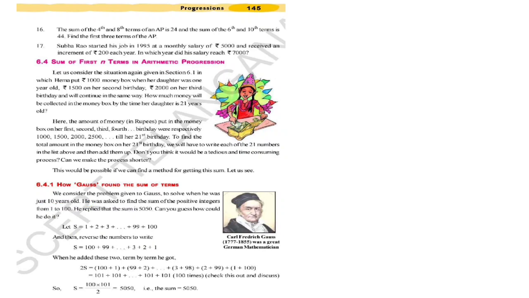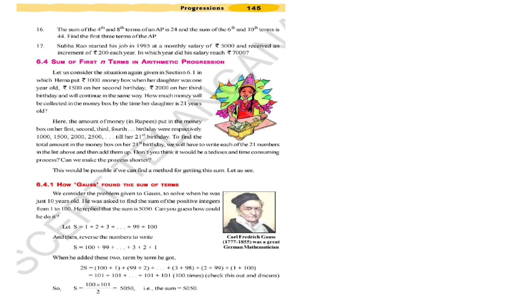How did he find it? It is given very clearly in our textbook. Observe it carefully and you will understand how he found the sum of 100 natural numbers. Remember his name, Carl Friedrich Gauss, a great German mathematician.